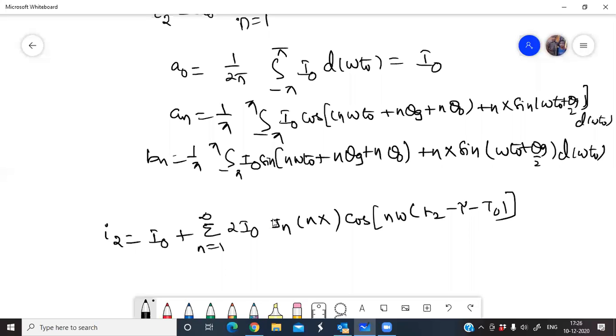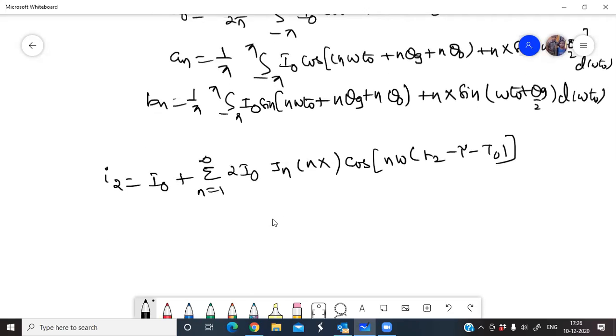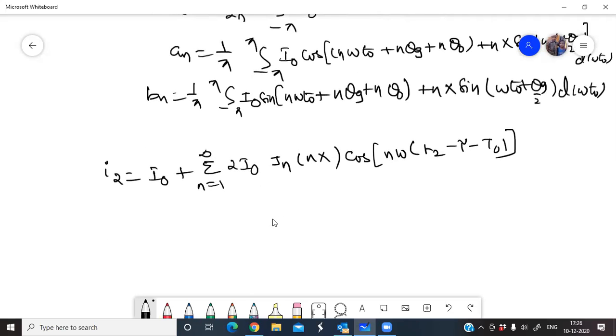Now I want to go for the fundamental component of the beam current. Just write a point here: the fundamental component of the beam current at the catcher cavity has a magnitude IF equal to 2 I naught J1 of x. What is the meaning of fundamental component?